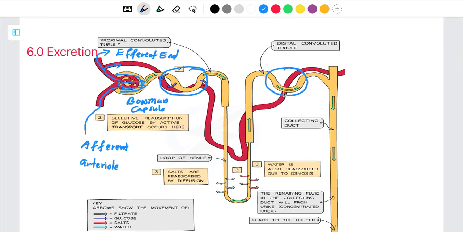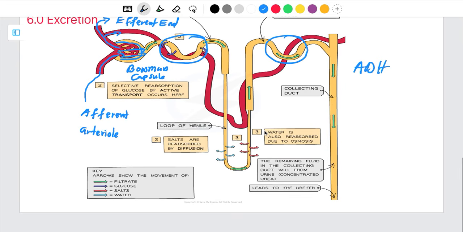When the person is dehydrated, even the collecting ducts become permeable to water when ADH is released, antidiuretic hormone. So you have to know those things. Also examples of excretory organs like the kidney, the skin, the lungs, and other things you have to know. And also the substances which are secreted by those excretory organs.